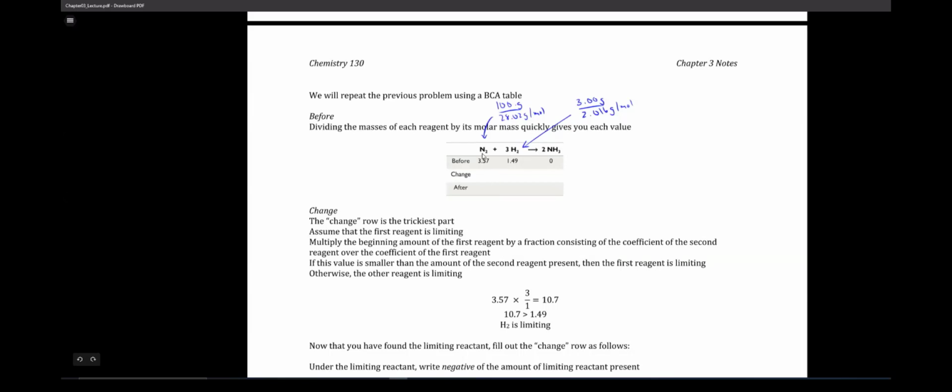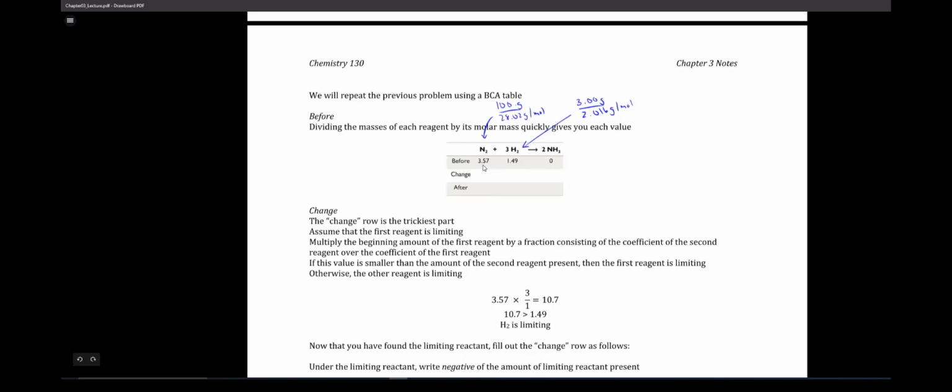I want to figure out if 3.57 is the limiting reactant. If it is the limiting reactant, how much will be left at the end, always? 0, good. So that means the change row would have to be minus 3.57. Does that make sense?